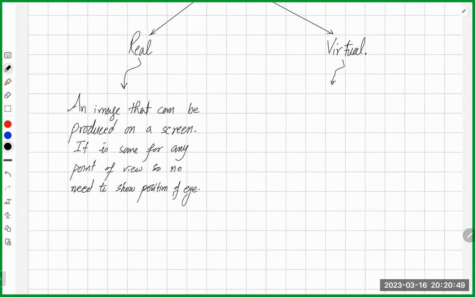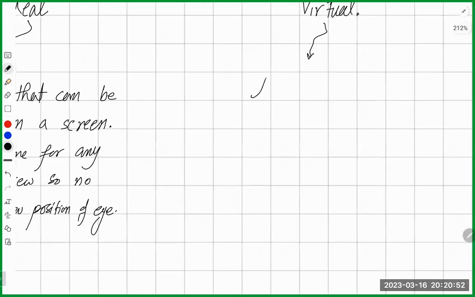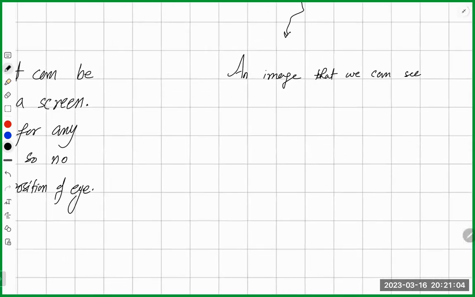Virtual image: an image that we can see but cannot produce on a screen.